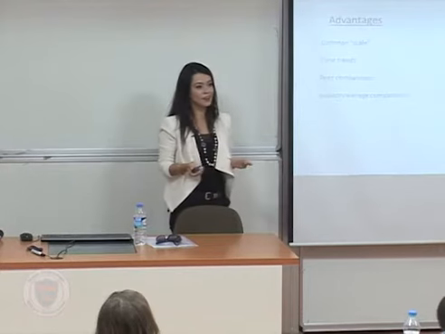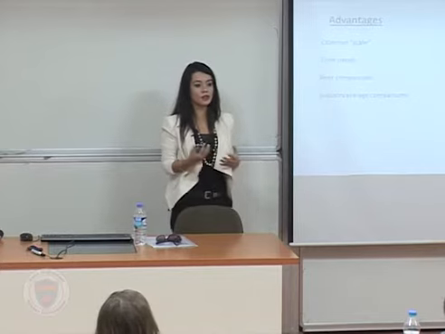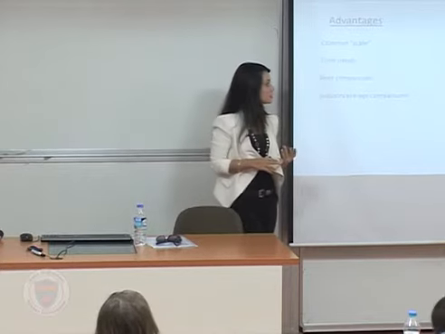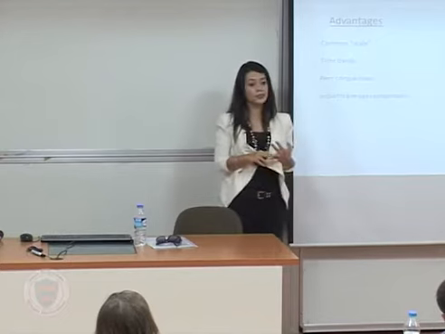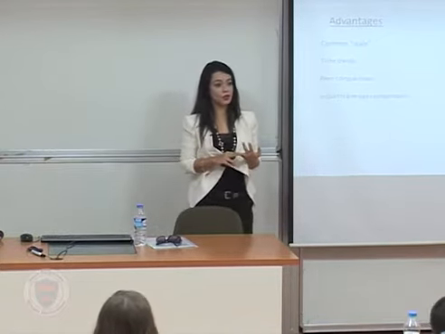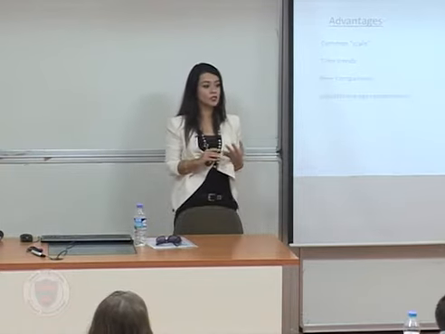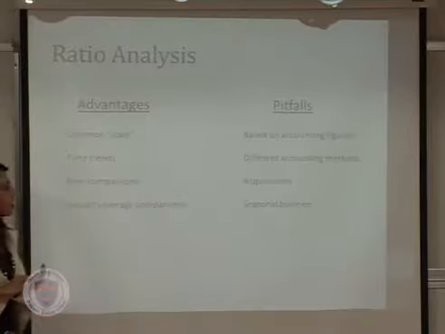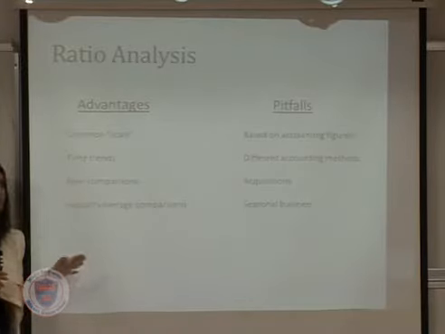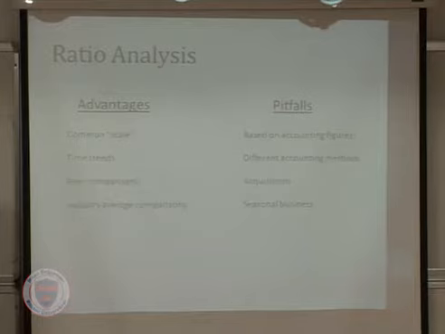Bad things about ratios: we're using accounting numbers, and we know that accounting numbers can be manipulated. So that's one problem. If there are different accounting methods, then you will have different ratios, so you have to make sure that you're consistent with the accounting method you're using. And even if you're looking at the same firm, you have to make sure that there wasn't a huge structural change in the company.